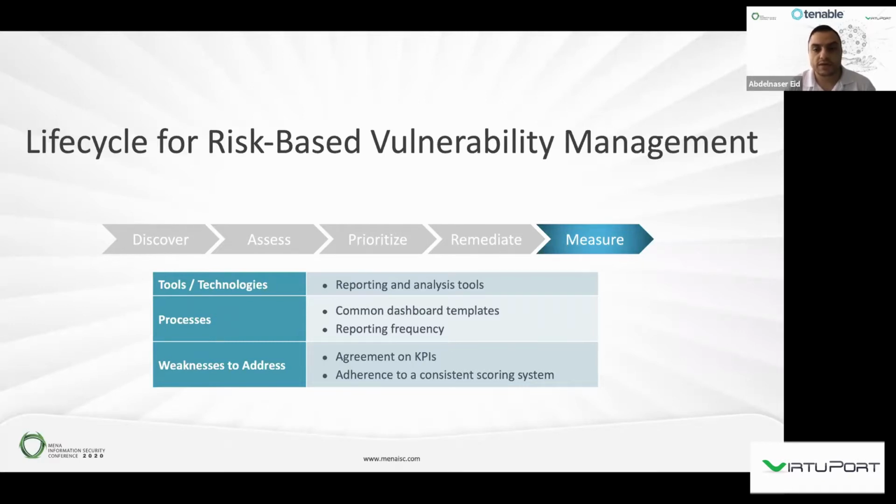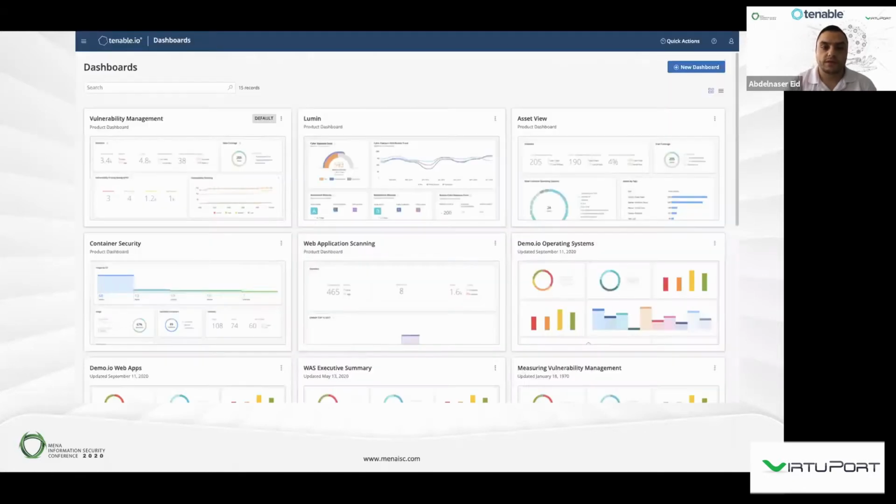So these measurements will tell both technical and management team how efficient the organization is doing against fighting the vulnerabilities and the risk behind those vulnerabilities. So this will come as dashboards or even reports, and this will show both parties the KPIs that they agreed on and how is the progress behind those KPIs.